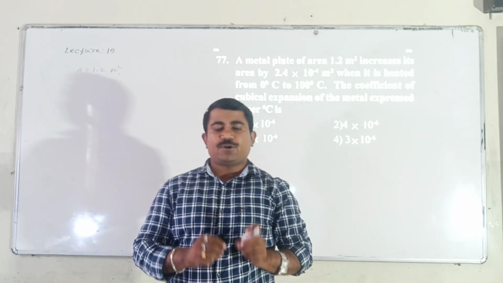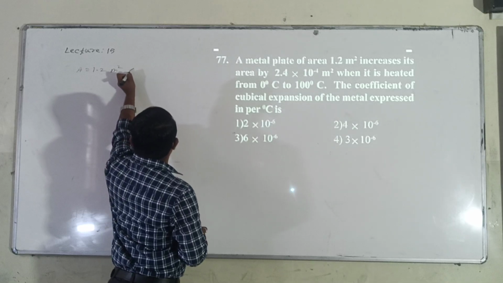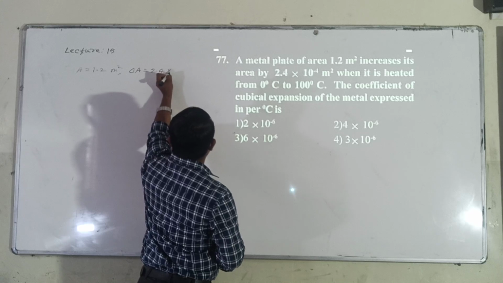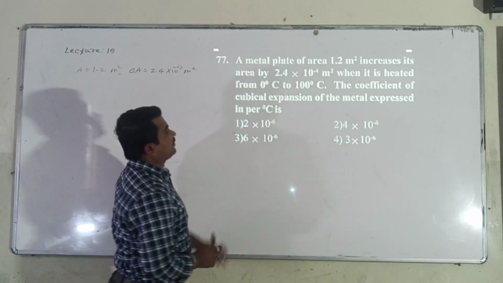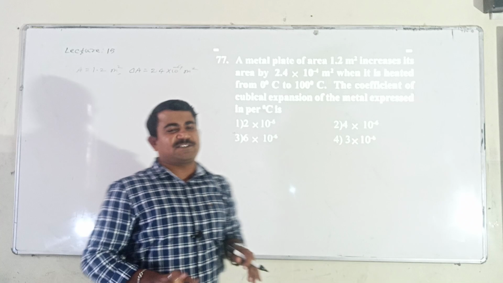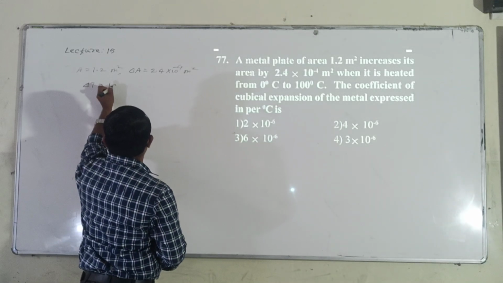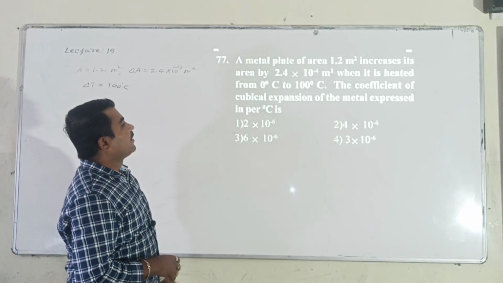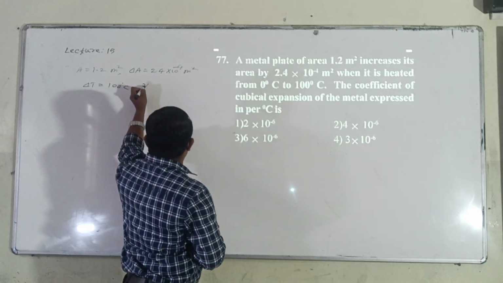It increases by 2.4 × 10^-4 meter square, so this value is delta A. It is heated from 0 to 100 degrees Celsius, so delta T is 100 minus 0, 100 only. I need the coefficient of cubical expansion, gamma.